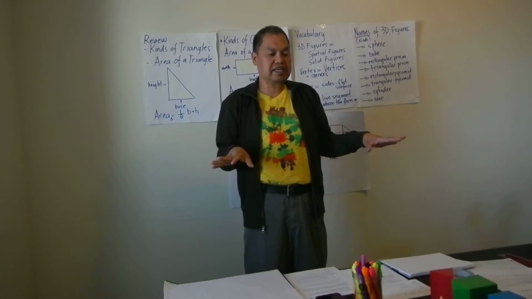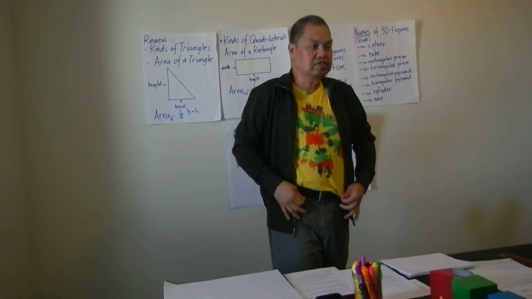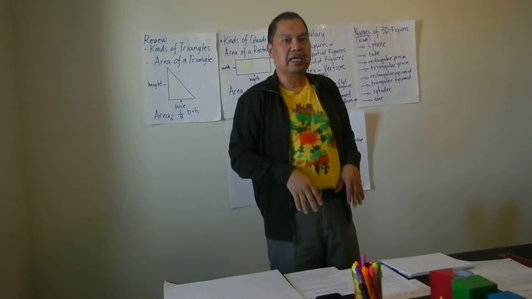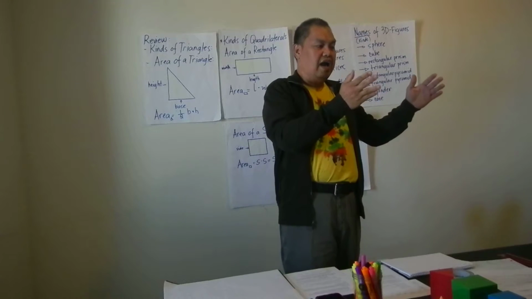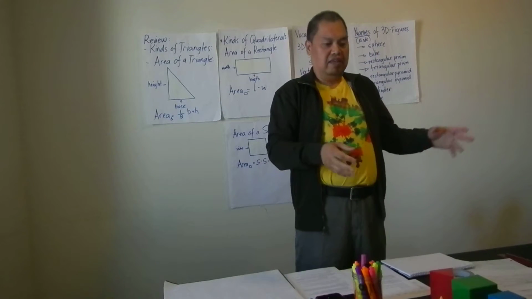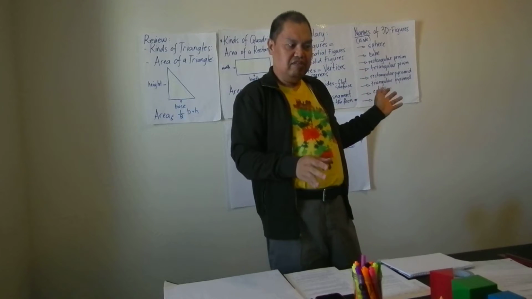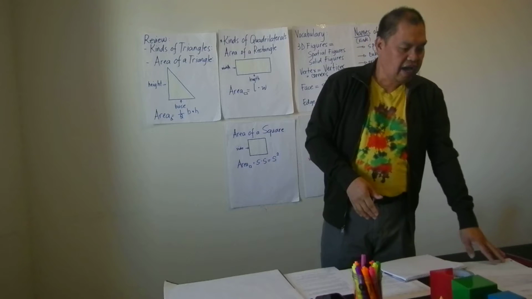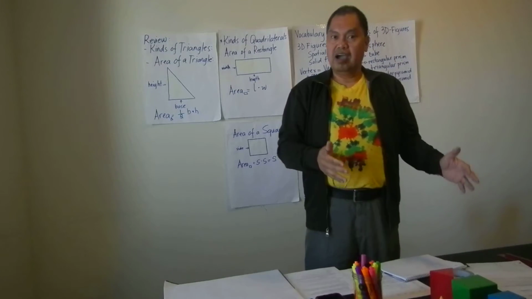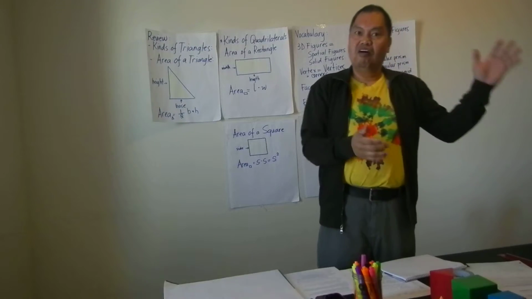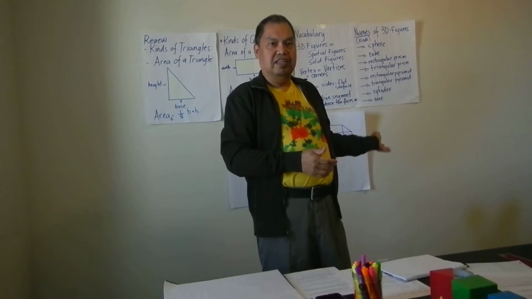We have 3 sets of activity. We will divide you into 3 groups. The first group will first be making a model of some of these solid figures. The next group will construct on graph paper all kinds of these solid figures.